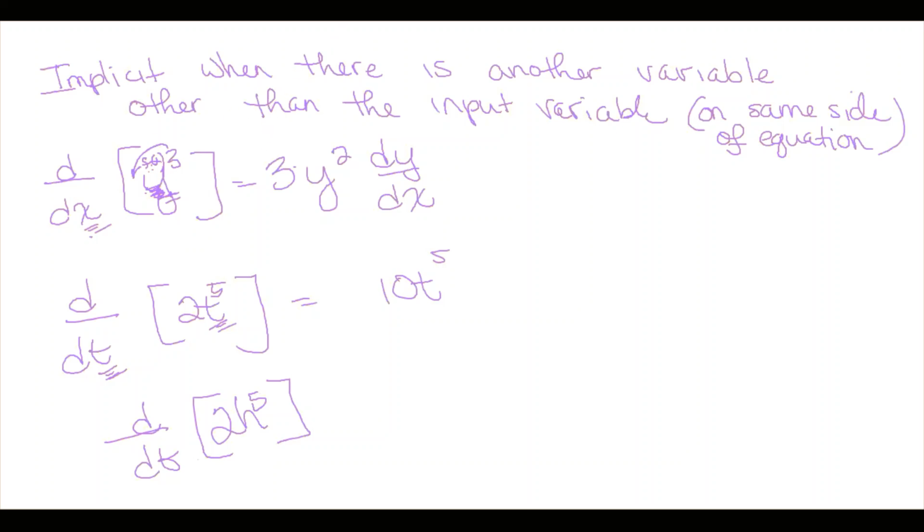That doesn't look like a t. Well, I have a variable other than the input variable we're being in respect to. So I'm going to have to do more than just take the derivative like I did here. So that means this is going to be 10h to the fourth. And now I'm going to write dh/dt, the derivative of h with respect to t, for the inside part.